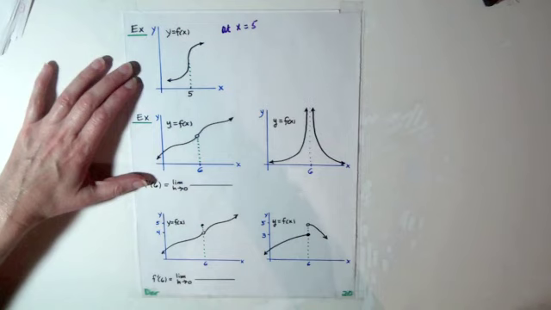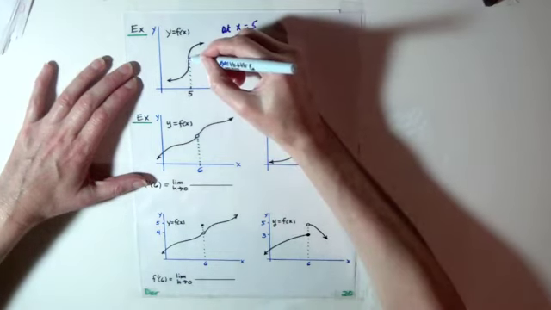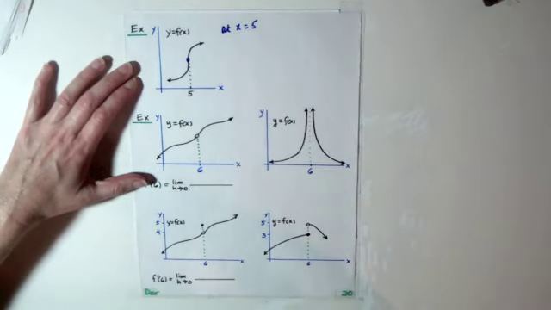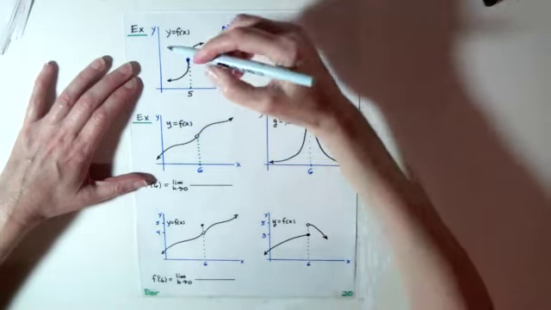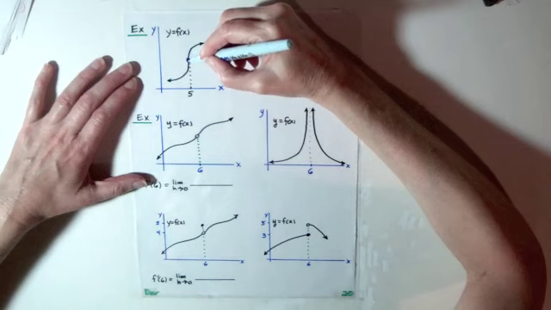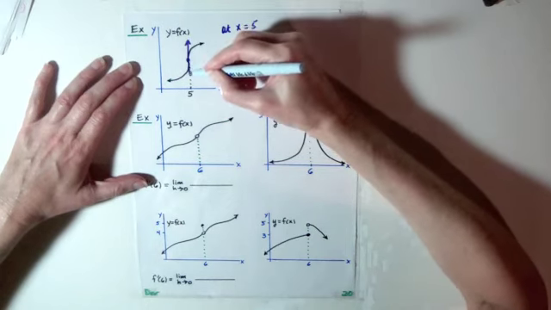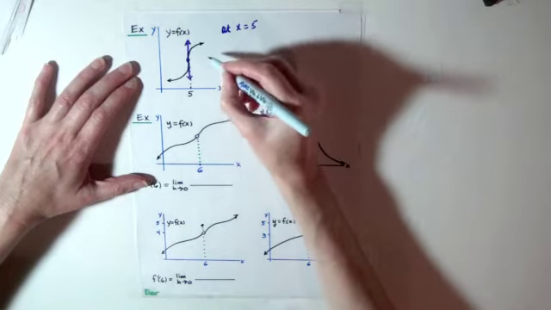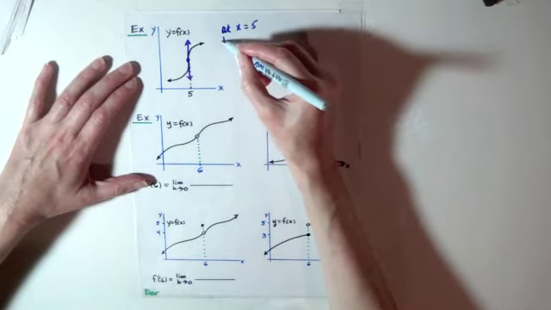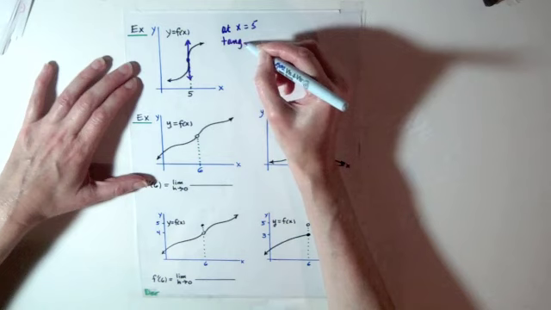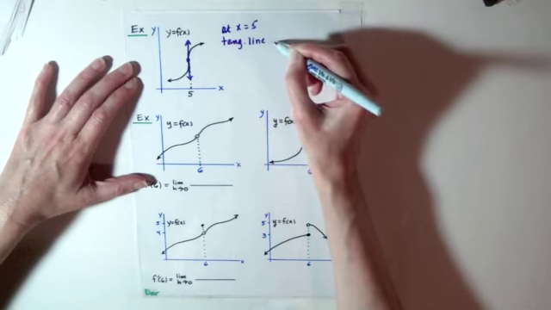Let's draw the tangent line at x equal 5, and there is a unique tangent line to the curve right at this point. But what line follows that curve the most closely right at x equal 5? Well, I've tried to draw the curve in a way that it appears to me that the tangent line would actually end up being a vertical line. So I'm going to say at x equal 5, it appears that the tangent line is vertical.